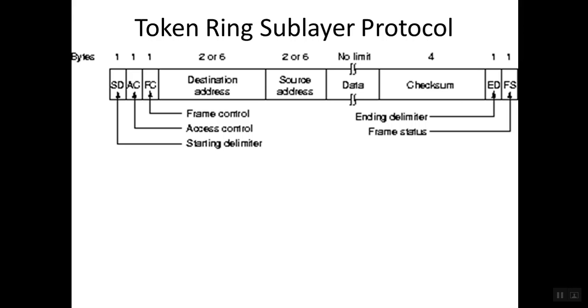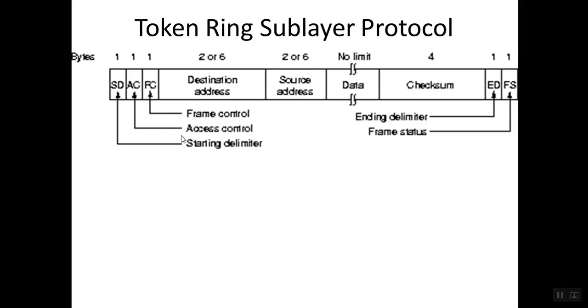In differential Manchester encoding, there will be a transition in the middle, so the pattern will be high-low, low-high, and so on. But high-high or low-low are the invalid patterns of Manchester and differential Manchester encoding, and those can be used as starting and ending delimiters, because such invalid patterns will not occur in the data.